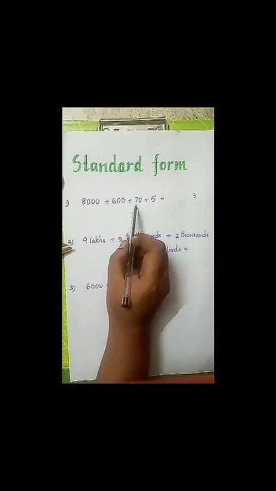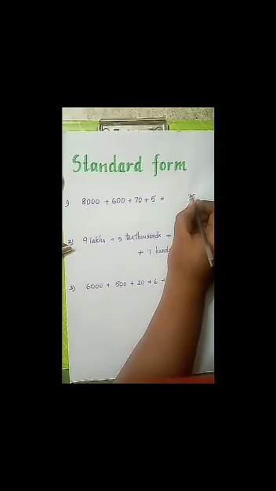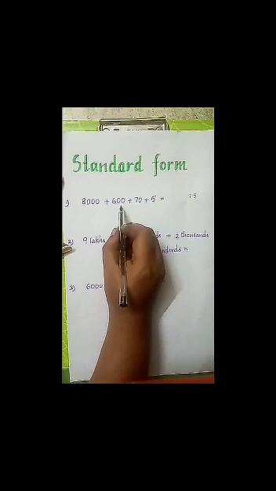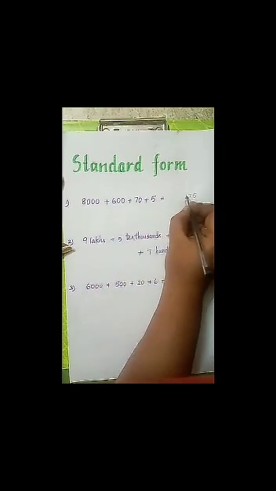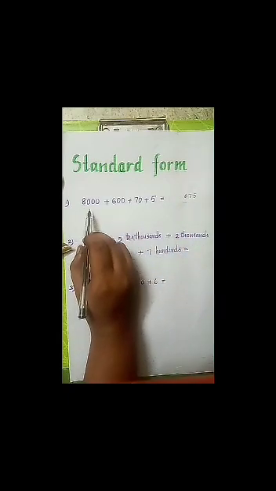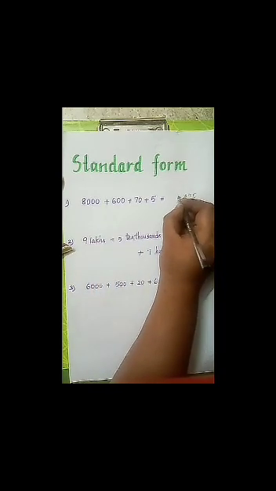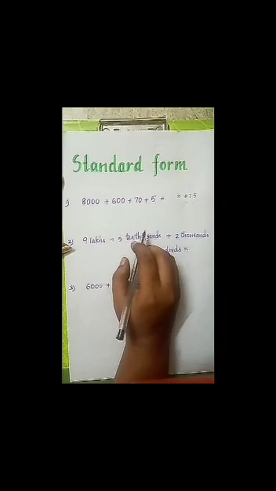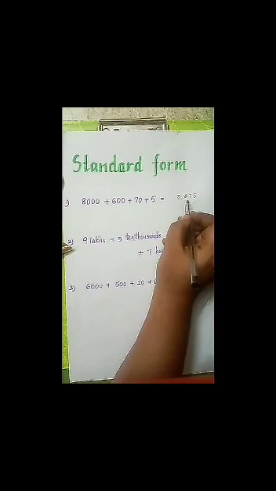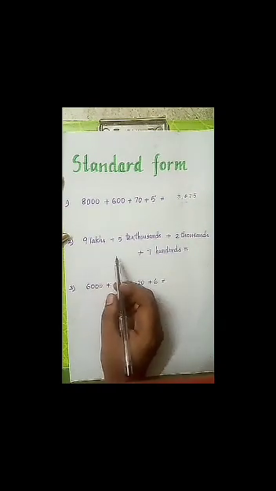Then on the tens place there is 7. So write 7. 6 is at the hundreds place. Write 6. See next 8 is at thousands place. So we'll write 8. See here the answer is 8,675.